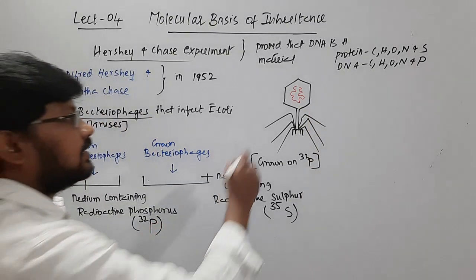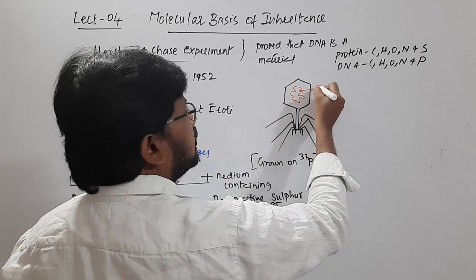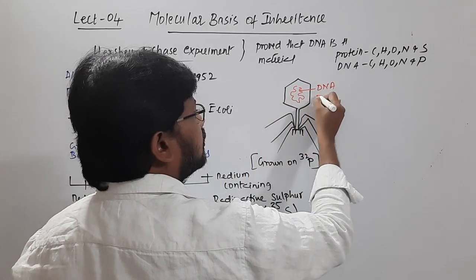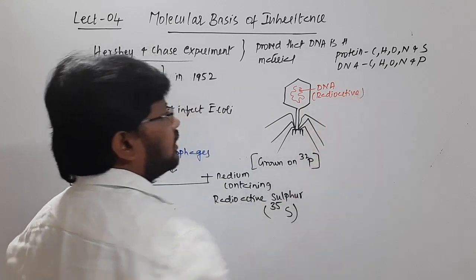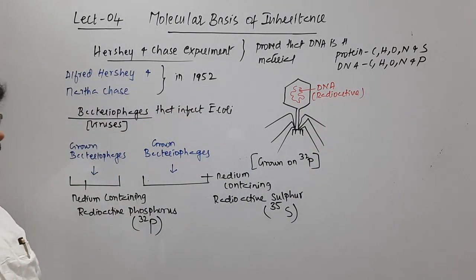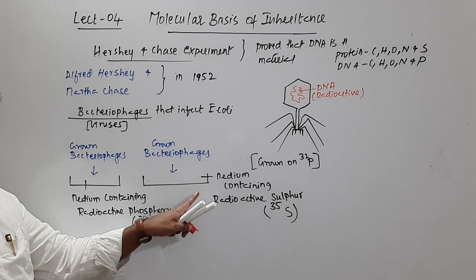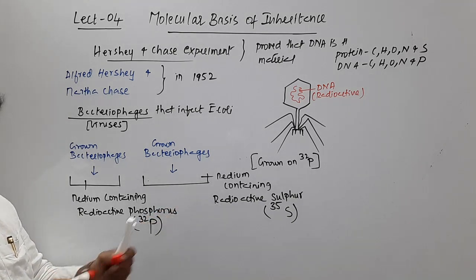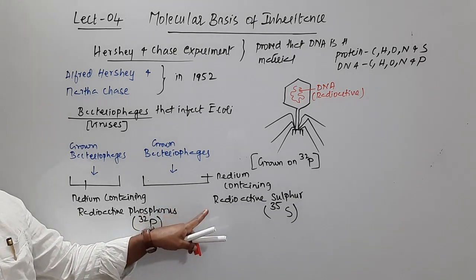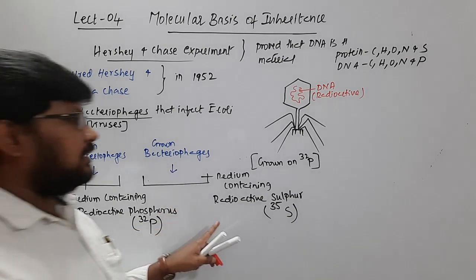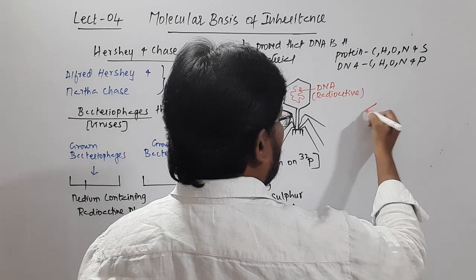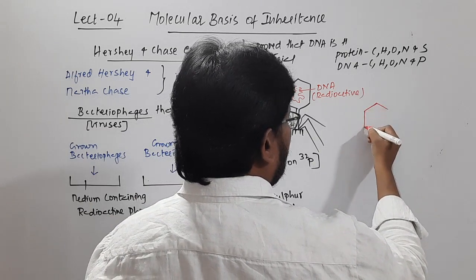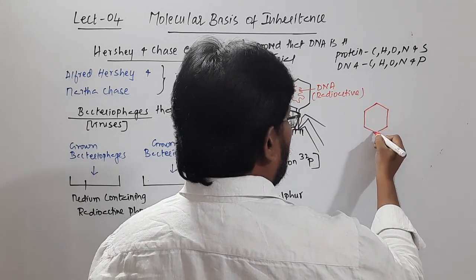So in this case, this is DNA which is radioactive, so it is having radioactive phosphorus. Now when we see the bacteriophage that is grown on radioactive sulfur, in this case the DNA is not radioactive; instead the protein coat became radioactive.